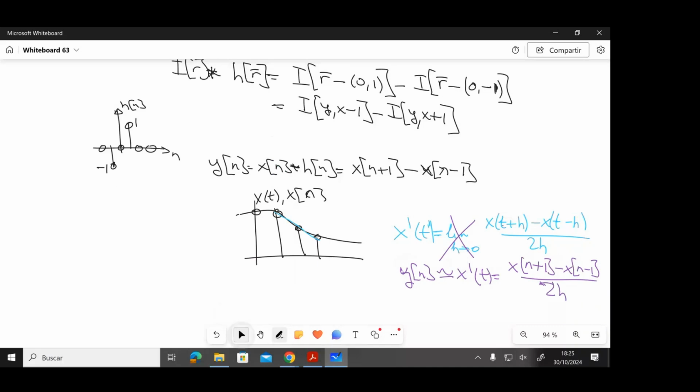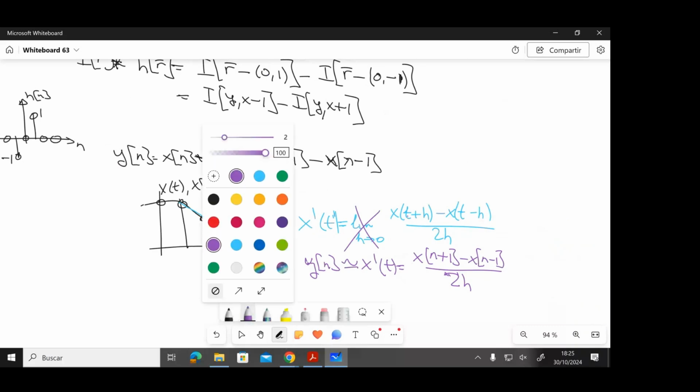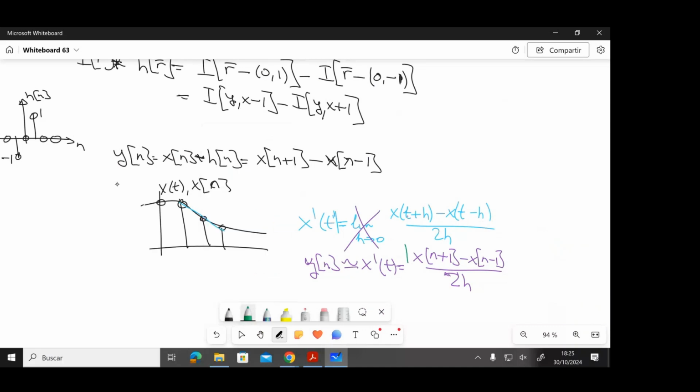And the interesting part here is this one, because the denominator is just a scalar, it's just a scaling. So you see, these kind of structures, they are approximations to derivatives.